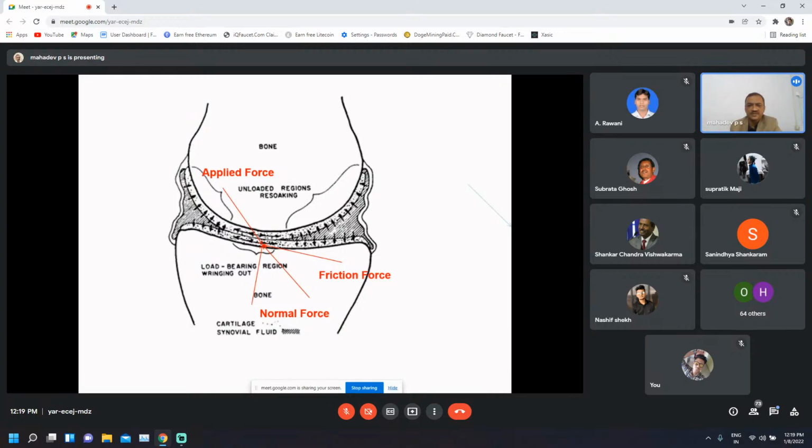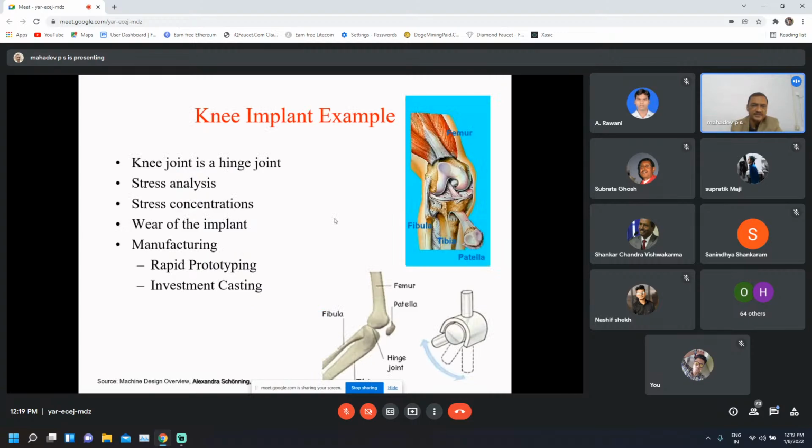That may further lead to more complications. So age-old people feel much pain in the hip and knee joint. They may go for surgery, replacement of hip and knee joint. So the knee implant is a very good example of a tribological application in the human body. That is called biotribology.